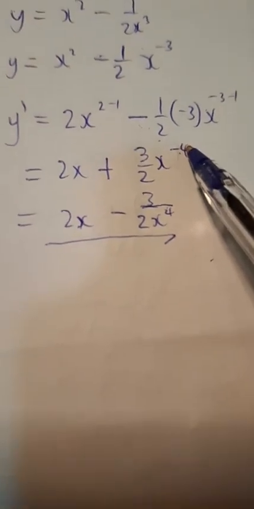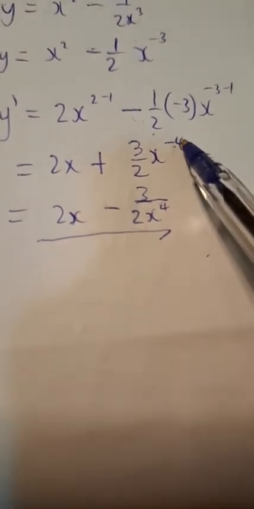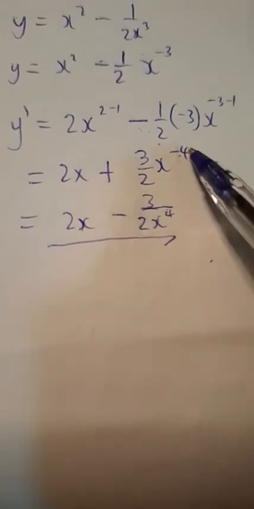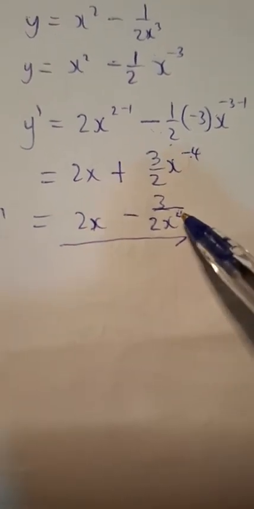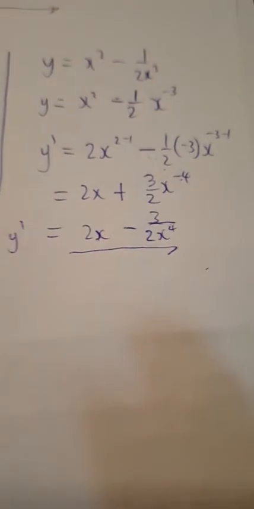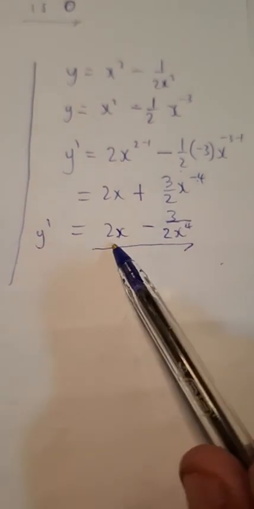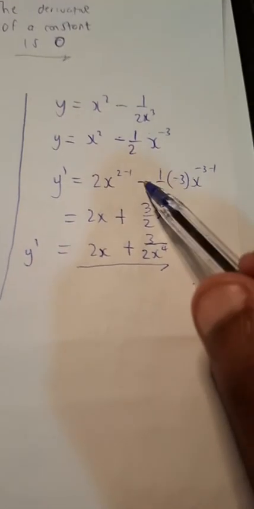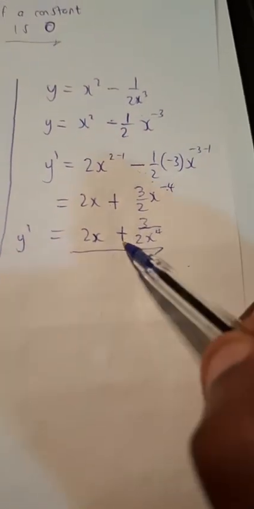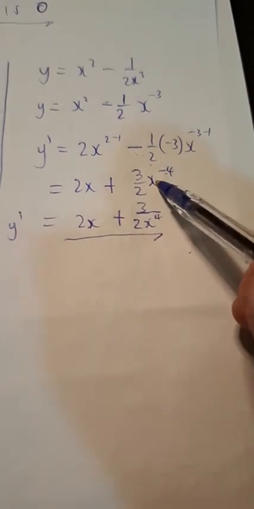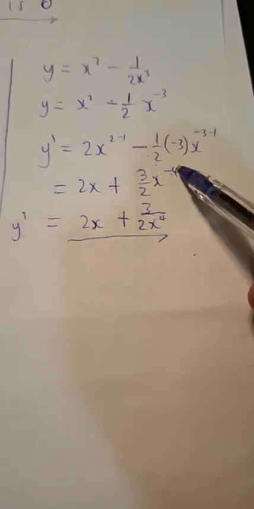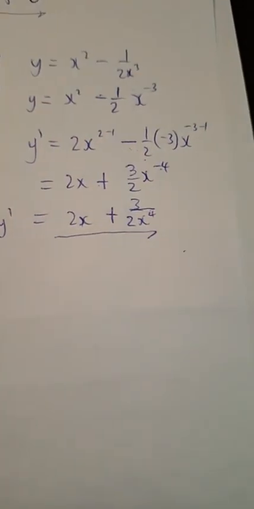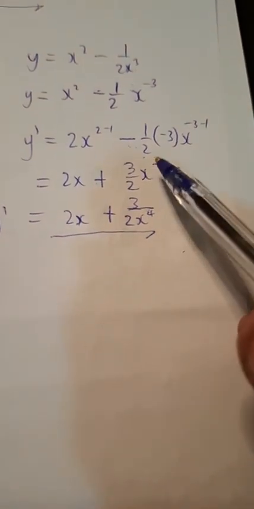So since it's -4, after the variable has moved to the denominator it becomes a +4 exponent in the denominator. And that's it. So the answer is 2x plus, because that negative times the negative gives us positive, plus 3 over 2, the variable x in the denominator. The exponent -4 is now positive in the denominator because initially the variable was in the numerator.